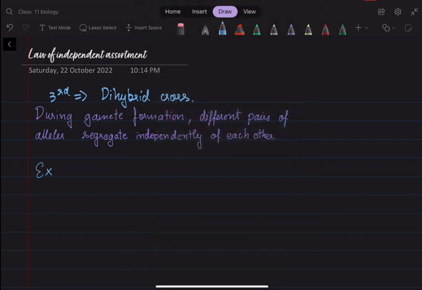Let us take an example. I have one pair of alleles here and another pair of alleles here. These both will separate from each other independently of this pair of alleles, so there is no sort of connection or link between them.